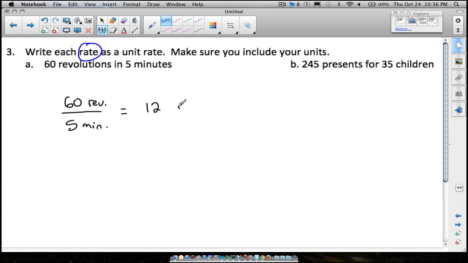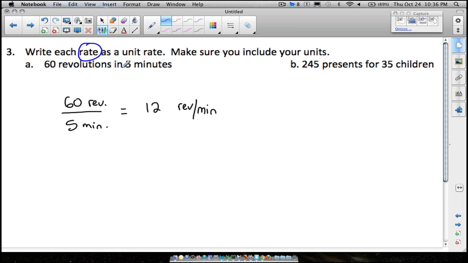What we have here is revolutions per minute. I've written it like that in class several times. 12 revolutions per minute. Let's think about this. If we can talk about a wheel, this big wheel, I don't know, like a water wheel or something like that. It does 60 revolutions in 5 minutes.